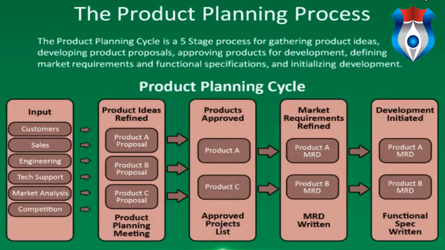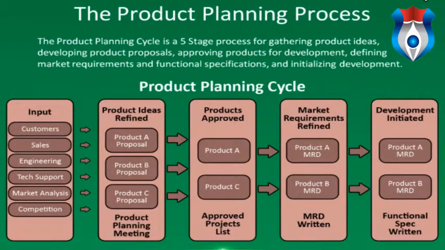For example, some companies may use a single document to cover both the market requirements document and the functional specification. These steps are important because they allow you to gather input from all possible resources, evaluate the potential of each idea, and gather input from all involved parties about which ideas will work and their ease of implementation.